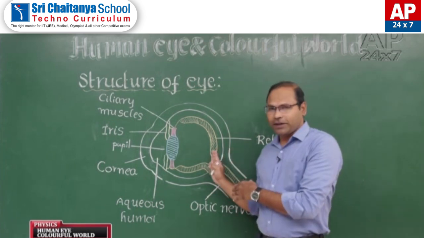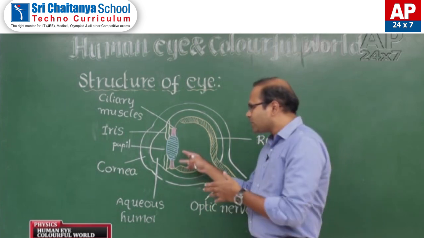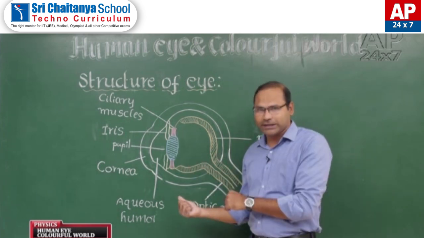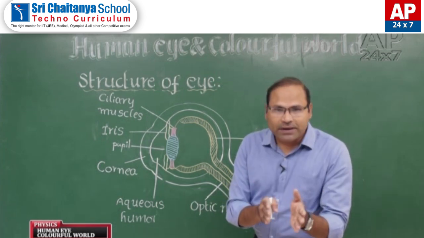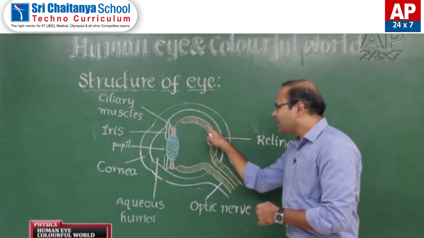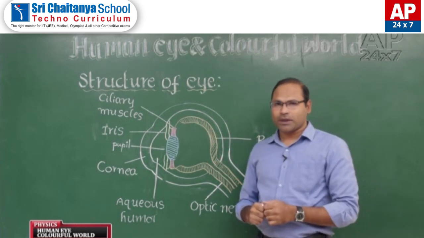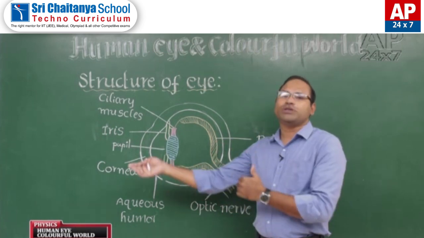It acts like a screen, and we already learned in our refraction lesson, the images formed by this convex lens are real and inverted. To see any real image, we need a screen, right? Yes, here the retina takes that part. It acts like a screen to enable us to see the objects.